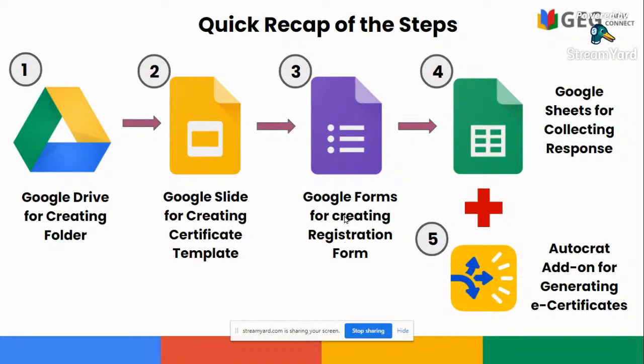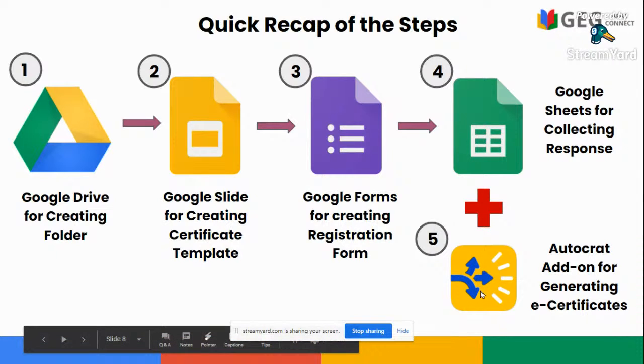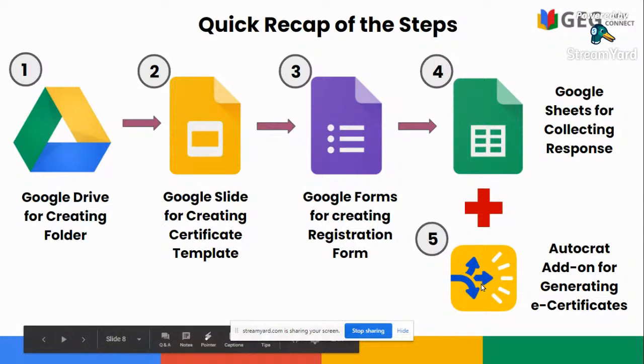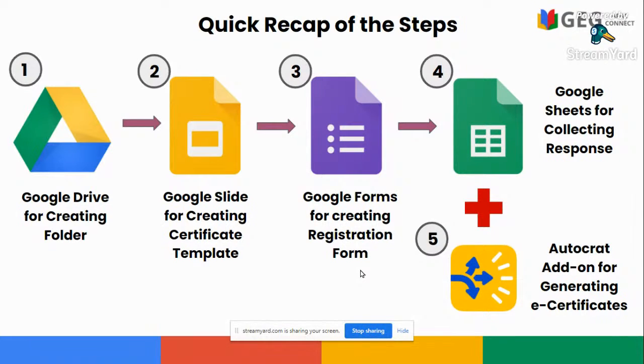And once the registrations are done, create a response sheet in Google Sheets, install the Autocrat add-on, create a job, and run the job to generate the certificate. So these are the steps that you have to do to generate the certificate and email it to the participants automatically.